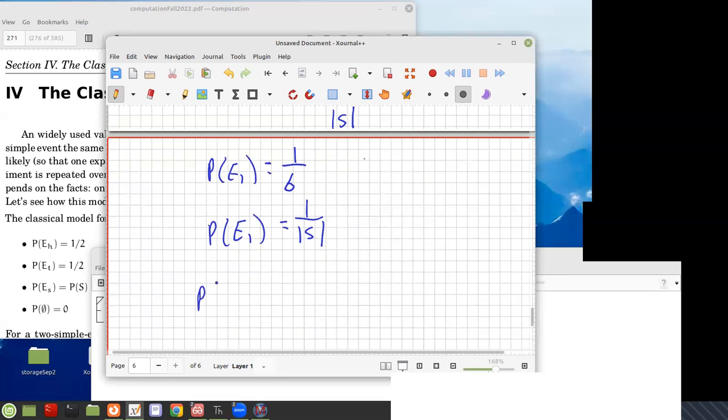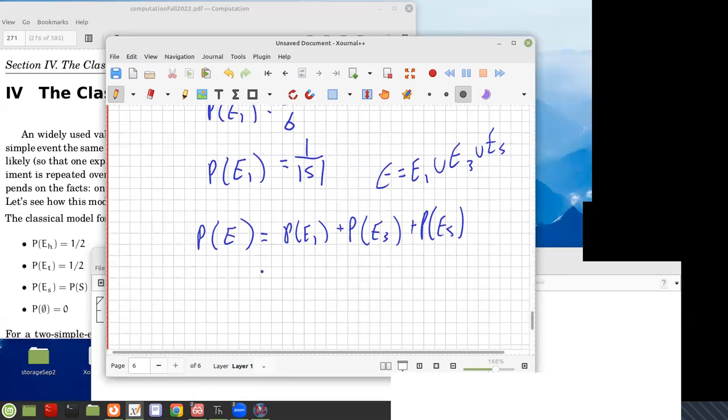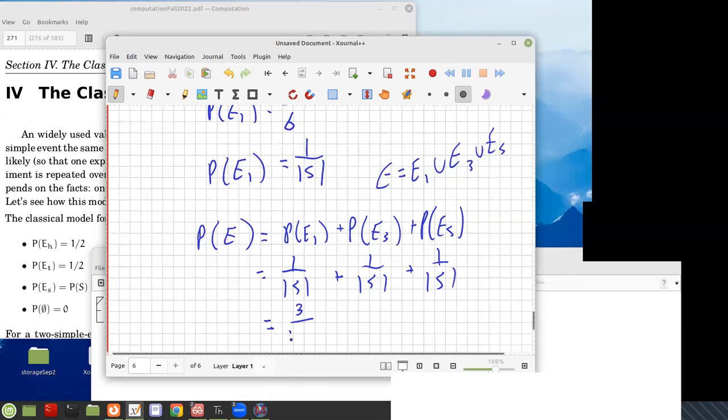Now, let's consider the probability of a general event. If the general event, say, is E1 union E3 union E5, then this is going to equal the probability of E1 plus the probability of E3 plus the probability of E5, which equals 1 over the sample space size plus 1 over the sample space size plus 1 over the sample space size, which equals 3 over the sample space size.